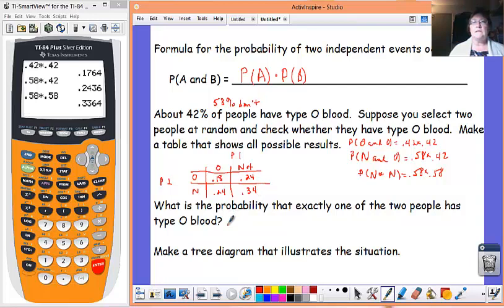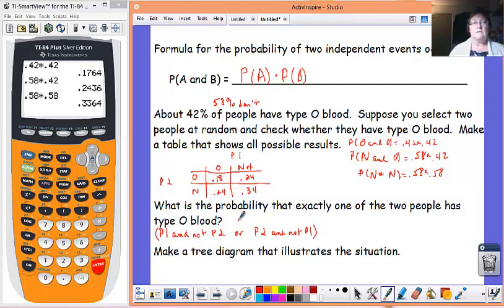The probability that exactly one of the 2 people has type O blood, well, it could be person 1 and not person 2, or it could be person 2 and not person 1. Okay, that sounds like a great big probability statement right there.